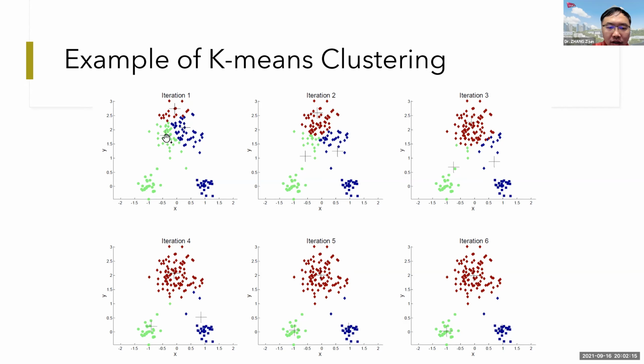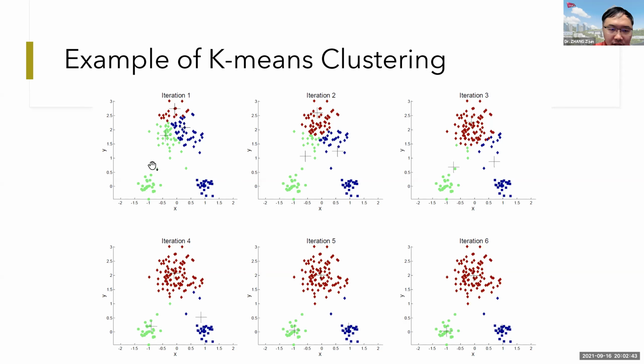So after assigning all the data points into each of the clusters, next we need to update the centroids. This updating means we recompute the average of the data points in the cluster. Then you will see that naturally the centroids will move.